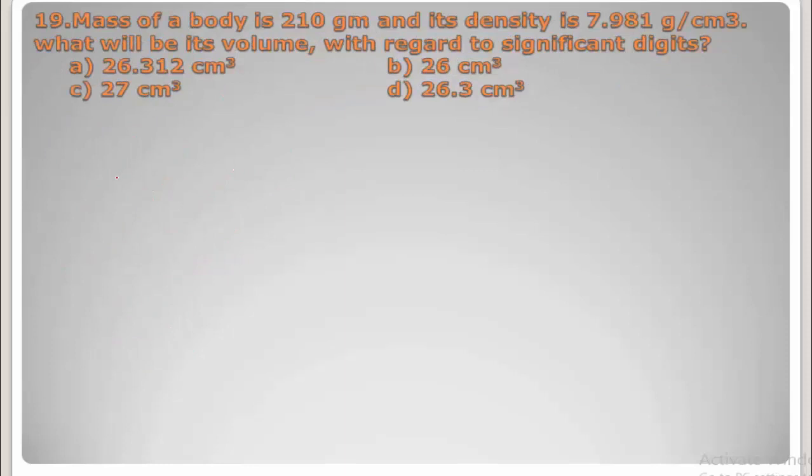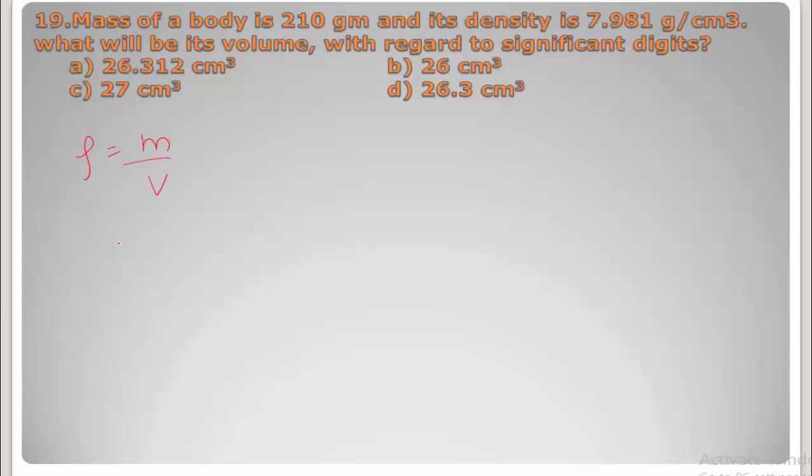So next question. Mass of a body is 210 gram and its density is 7.981 gram per centimeter cube. What will be its volume with regard to significant figures? So we know the mass, density and volume relation, that is rho is equal to m by v.